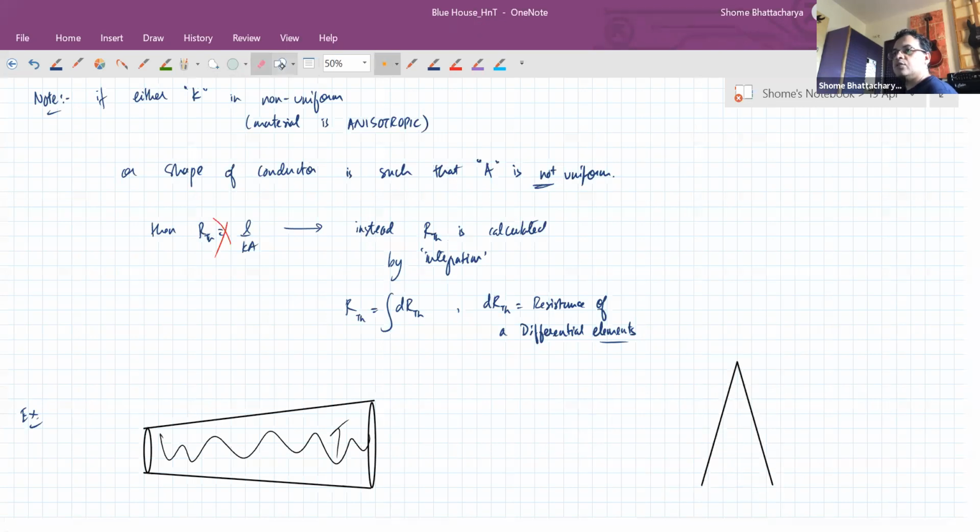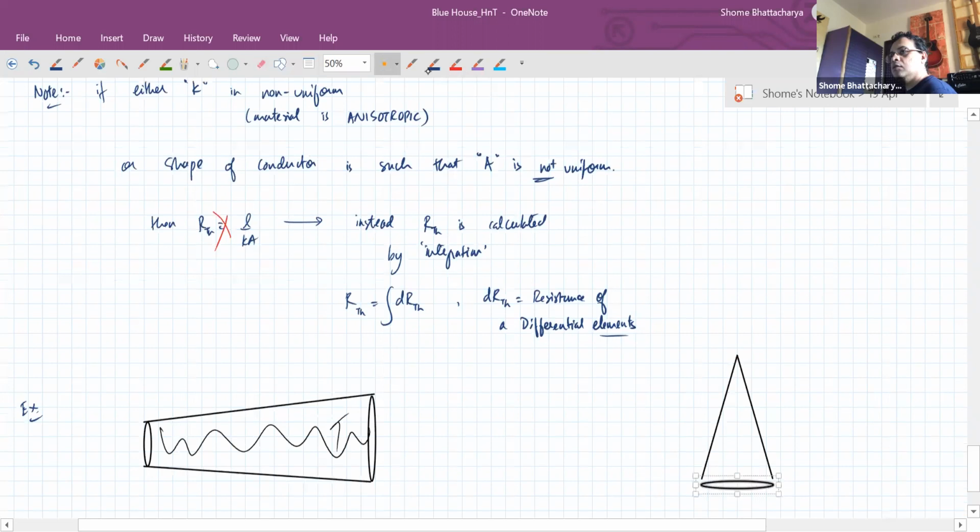If you remove this section, the shape that you are left with is what is called the frustum, or sometimes the frustum of a cone.